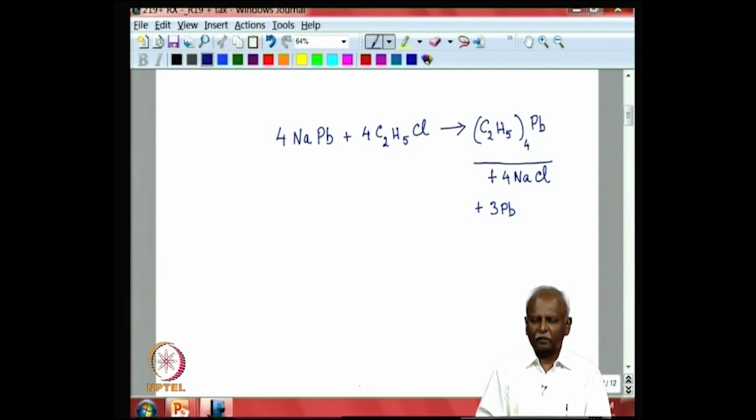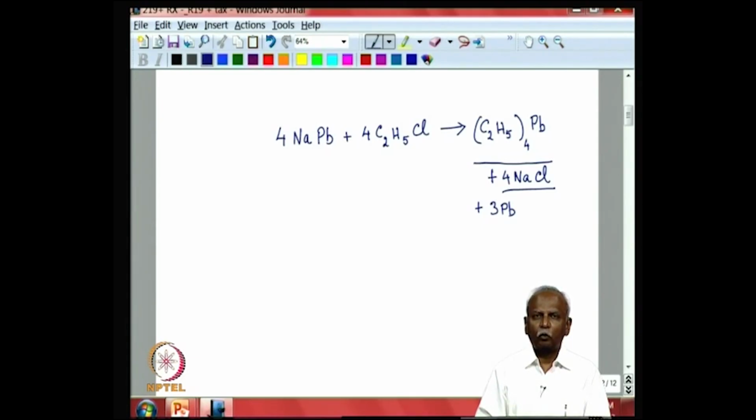And this tetraethyl lead, when it is formed, also generates sodium chloride. Sodium chloride is a molecule which generates a lot of heat on formation, it is a very stable molecule. This reaction goes from left to right and forms tetraethyl lead.